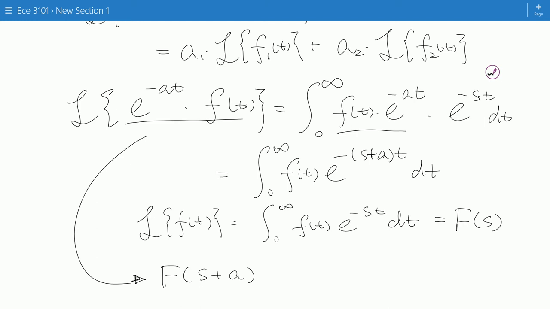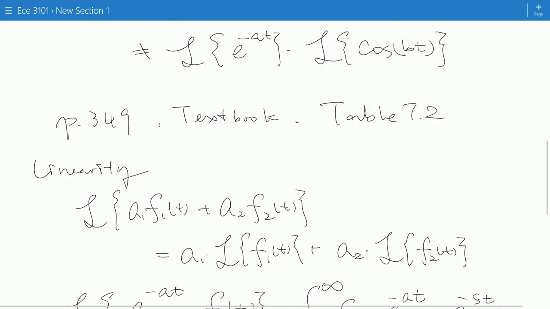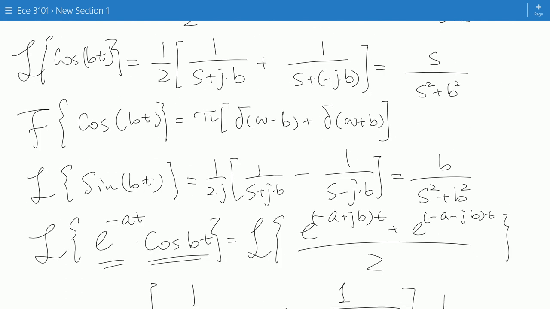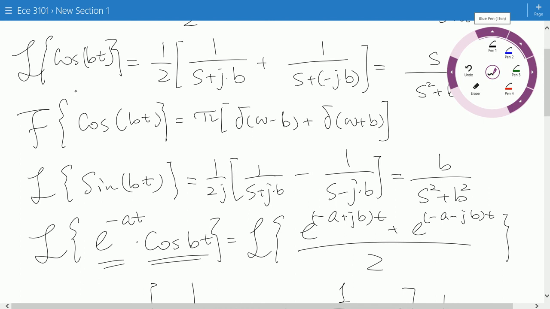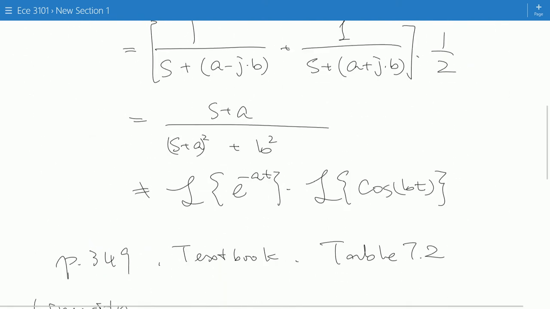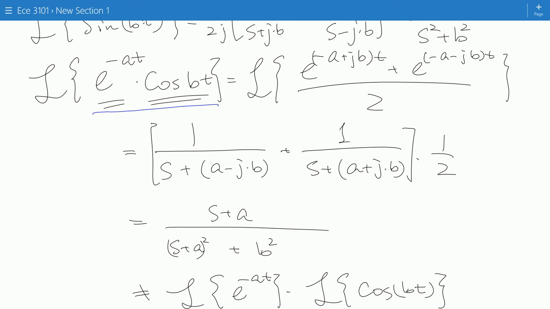Do we have any illustration? Yes, we just did it. We have e to the negative at times cosine bt here. What else do we have? We have s over s squared plus b squared. Now look at this one.